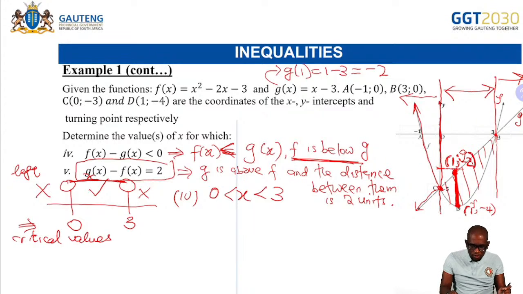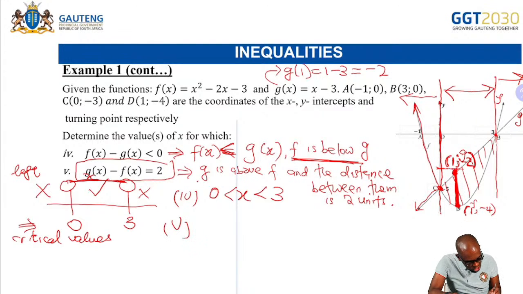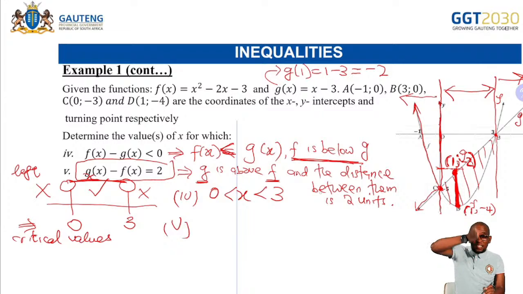Now, what would be the y value of g? Remember, I said g is above f and the distance between them is 2 units. How do we get the vertical distance? We say y top minus y bottom.